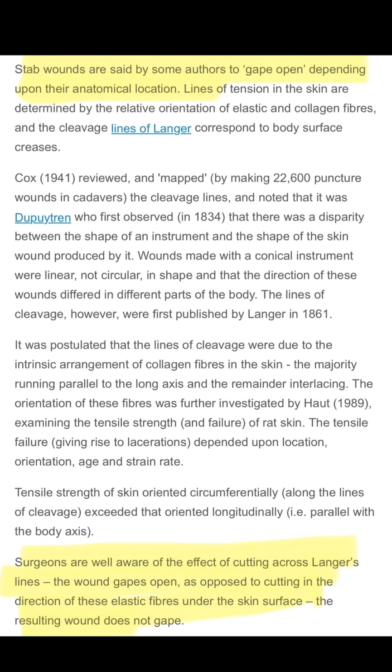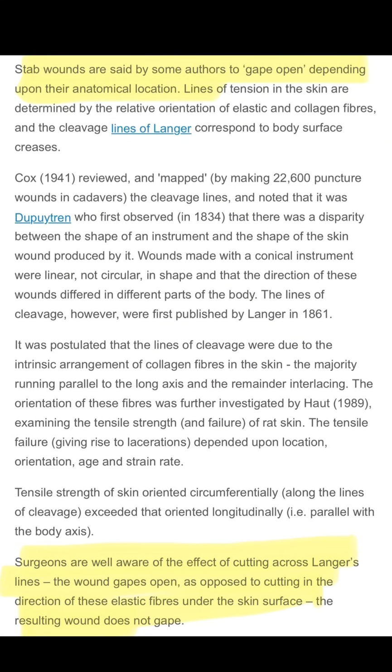Now, cleavage lines are like your muscle, the tendons, and the collagen lines, the collagen fibers in the skin. So when you cut across those lines, the wounds gape. And when you cut with those lines, they do not gape.